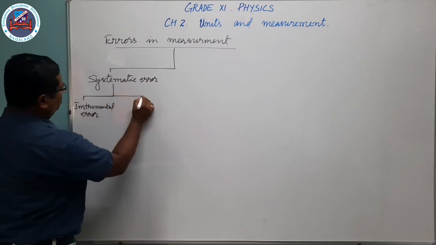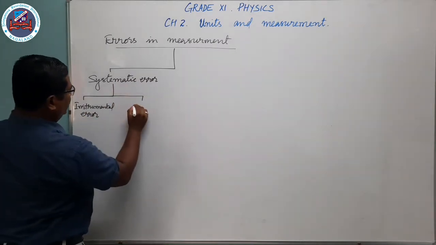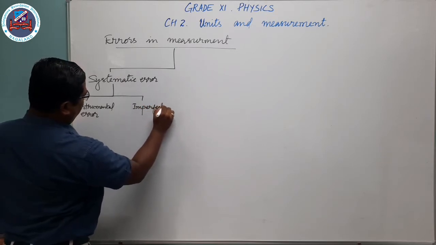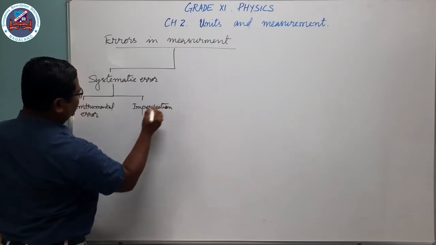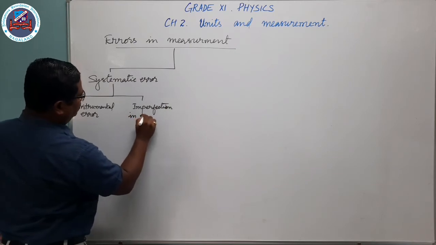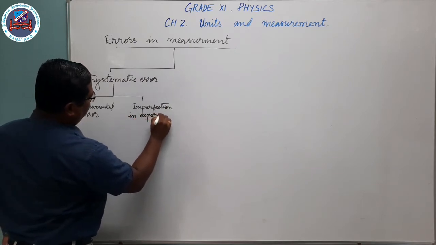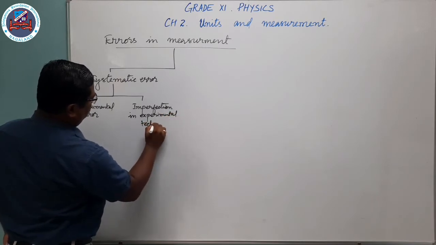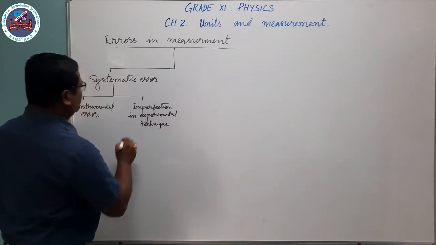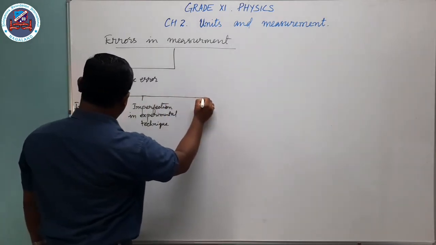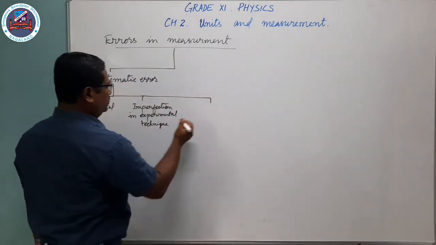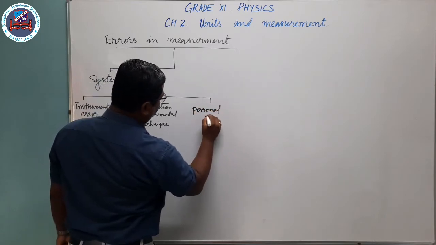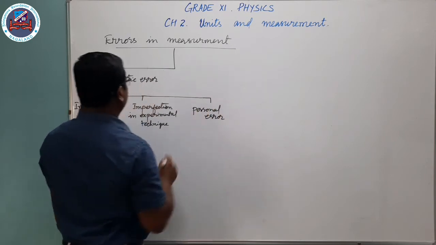The second one is imperfection in experimental technique. And the third one we call personal error.